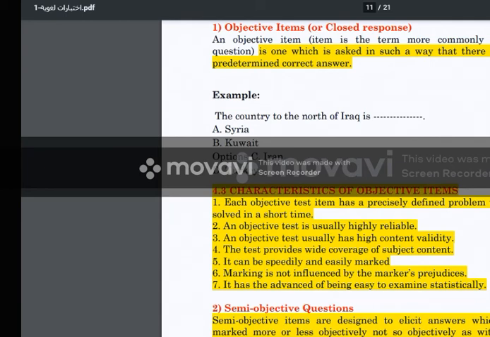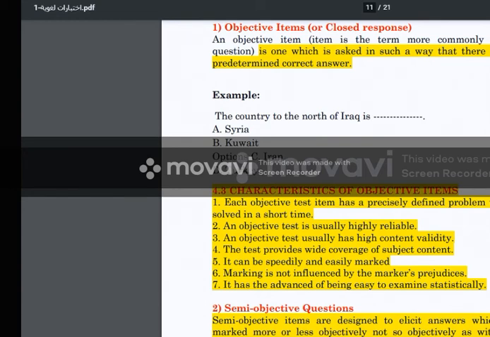Number two, an objective test is usually highly reliable. Why? Because there is only one closed correct response. It is not liable to personal bias. An objective test usually has high content validity because, as I told you, each item is devoted to testing a specific language area.